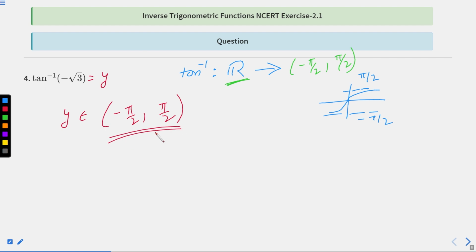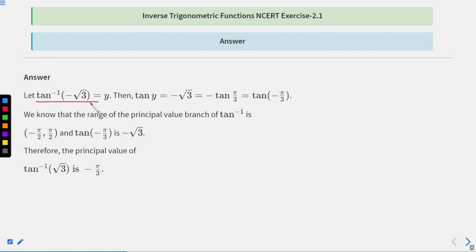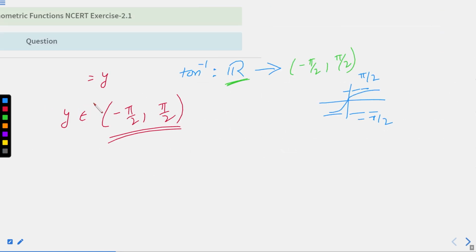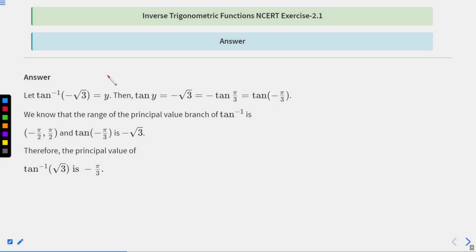So let's start. This equals y. Then we can rewrite it as tan y is equal to minus root 3. Now what we know is that root 3 is equal to tan pi by 3, and we also know that tan is an odd function.